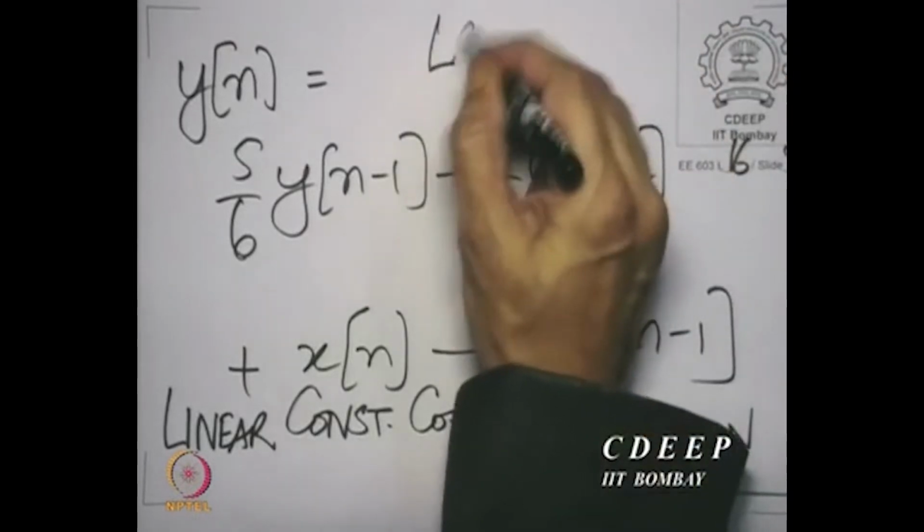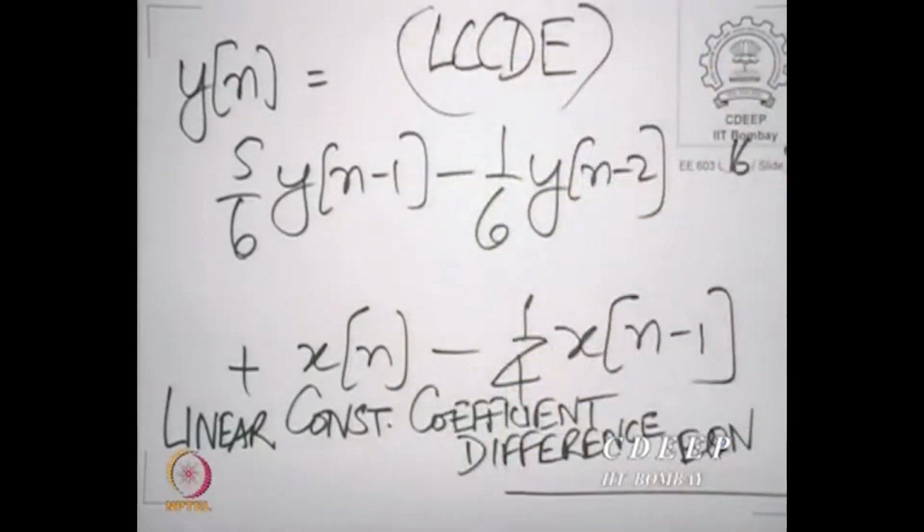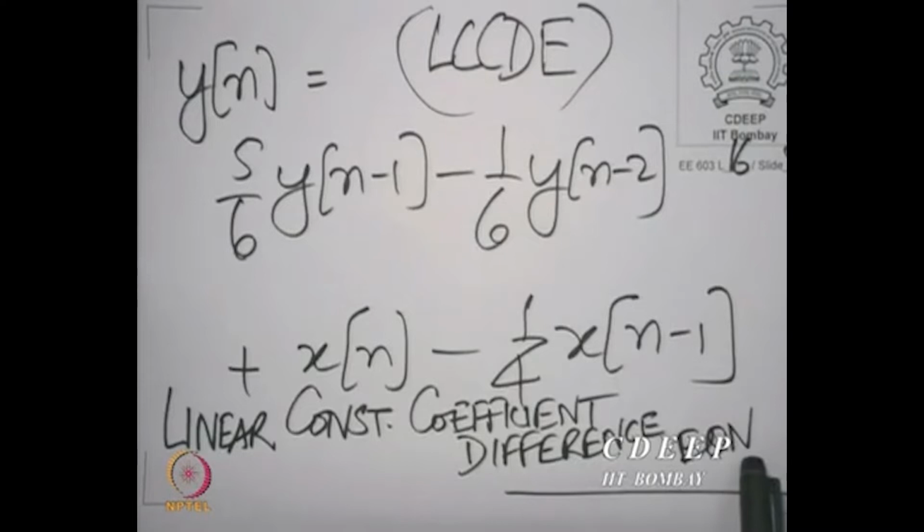It is abbreviated by LCCDE. Let us understand the terms one by one. Difference equation is a relation between the input and the output in the sampled natural domain. The difference equation is a relation between the discrete input and the discrete output.